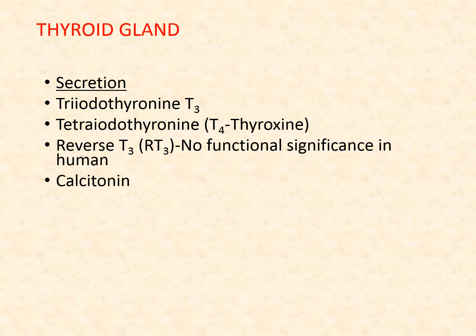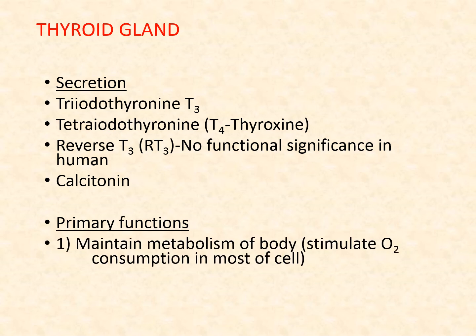Now the basic function of the thyroid gland, if you are asked, you should write that it maintains the metabolism of the body, mainly stimulating oxygen consumption in almost all cells of the body, and second, related to calcitonin, which is related to calcium metabolism.